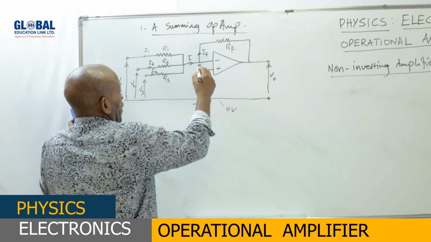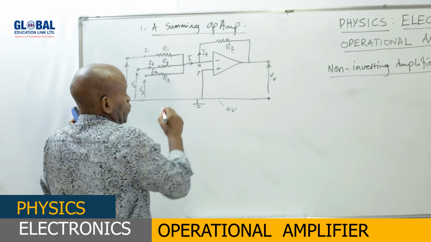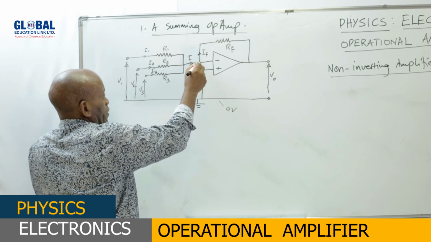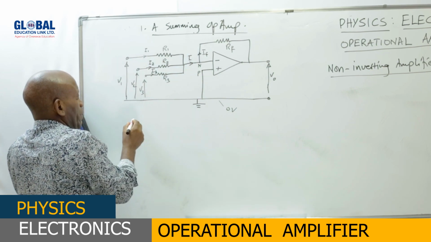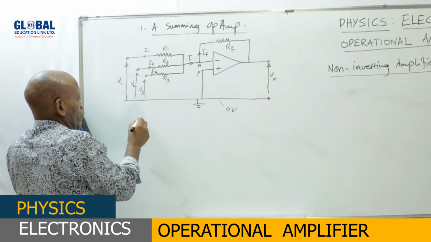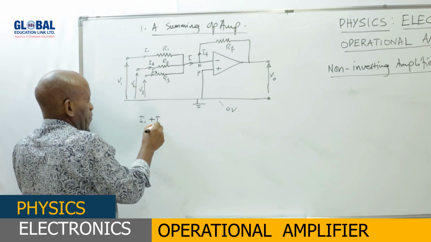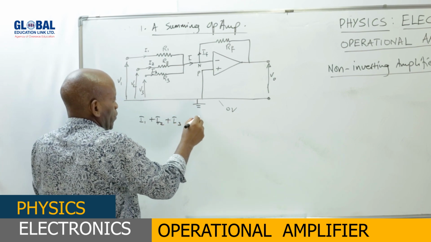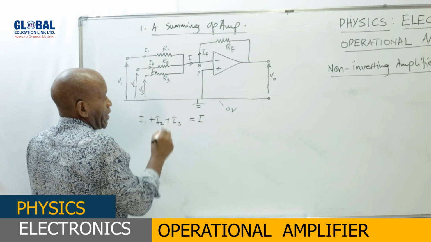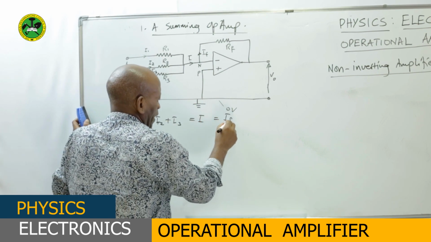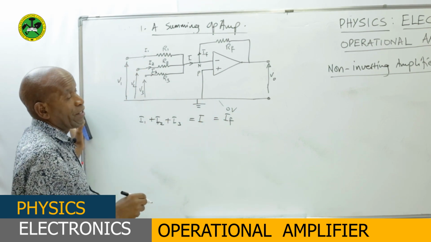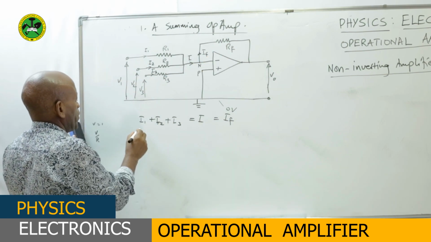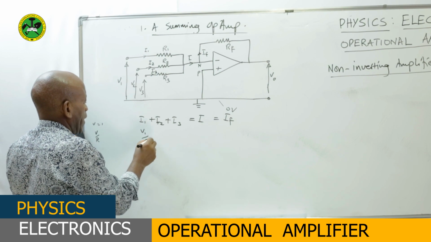If we use Kirchhoff's current law at point N, then the sum total of the currents I1 plus I2 plus I3 will be equal to the current I. And this current I will be equal to the current that goes to the feedback resistor, RF. So for I1, we have V1 over R1.